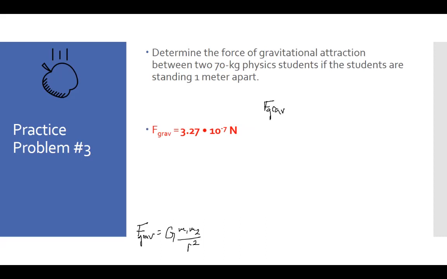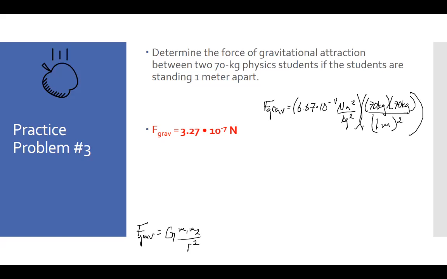F grav is equal to gravitational constant, 6.67 times 10 to the negative 11th newton meters squared per kilogram squared, times m1, that is 70 kilograms, times m2, 70 kilograms, all over the distance, 1 meter squared.